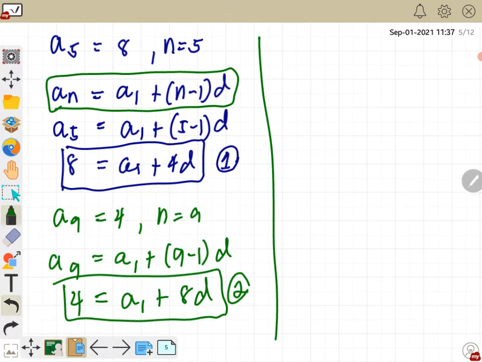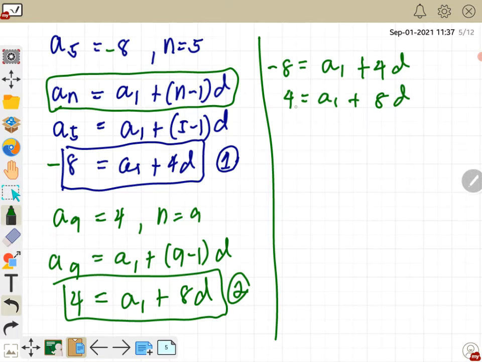Solving our equation 1 and equation 2 by elimination, we have negative 8 equals a sub 1 plus 4d, and 4 equals a sub 1 plus 8d.